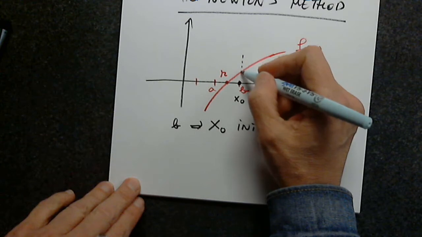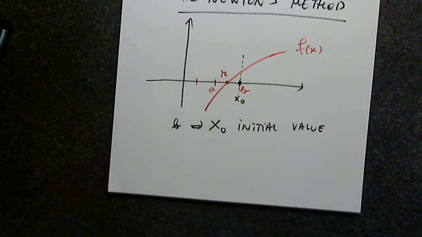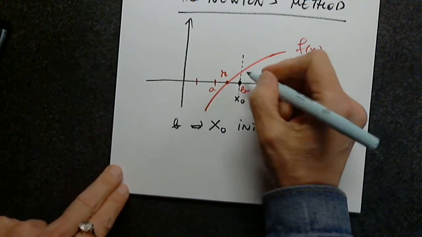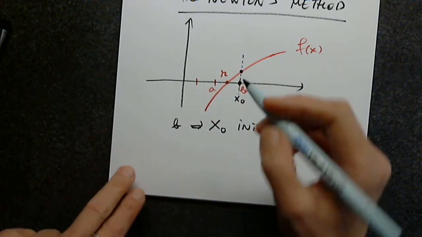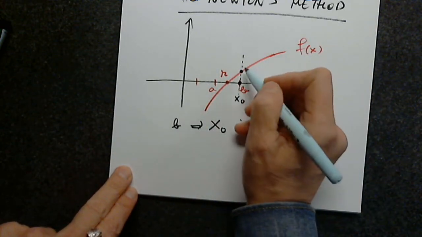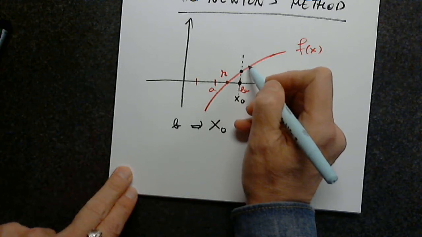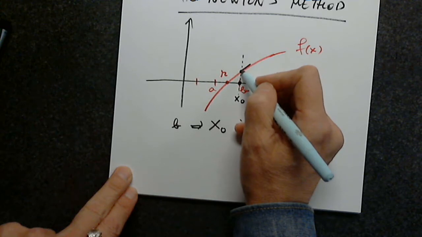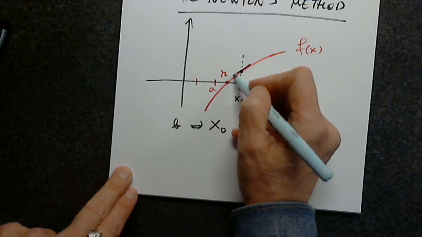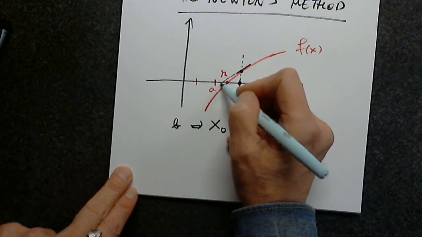I draw a vertical line at this point. It crosses the function at point A, if you want. And here, I would draw the tangent, extending it till it crosses the x-axis.